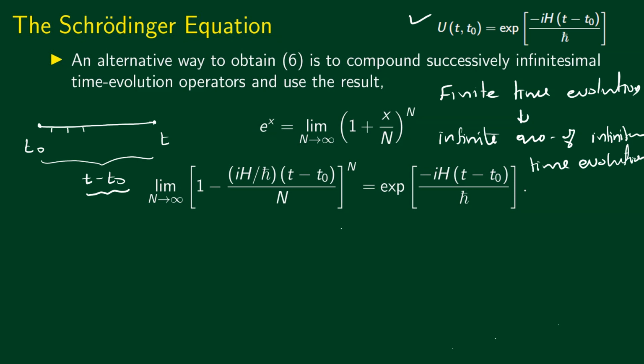into a large number of equal intervals. Let's say that we are dividing this up into capital n equal intervals. Okay, there are n divisions like this. Now each of these divisions will correspond to a time interval (t − t0)/n, because we have divided up the time interval t − t0 into n equal parts.